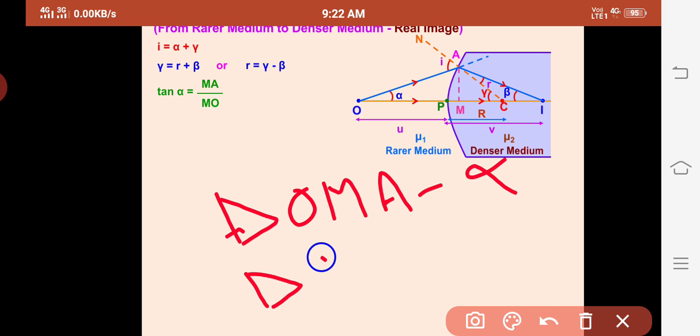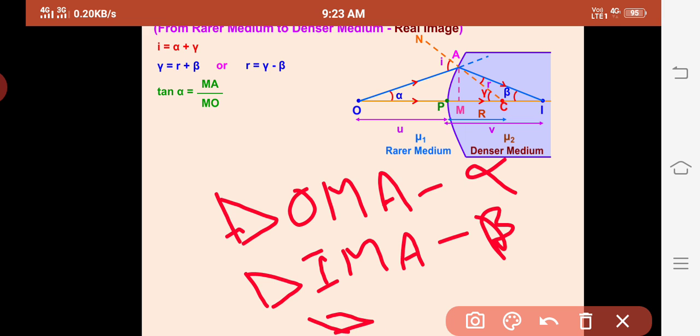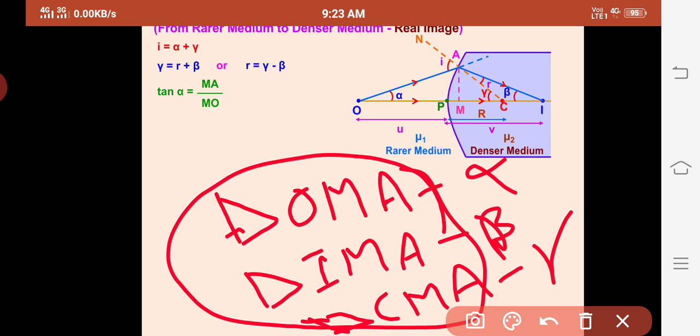From right angle triangle IMA, we can easily find the value of beta, and from right angle triangle CMA, we can find angle gamma very easily. Using these three right angle triangles, we can find the values of alpha, beta, gamma very easily.